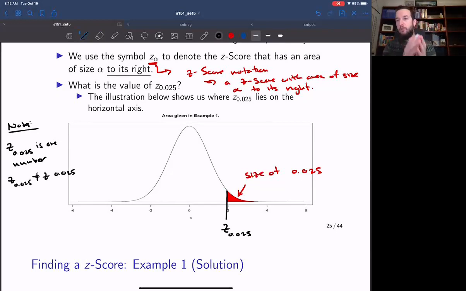This is notation that represents a z-score with an area to its right of size 0.025. So whenever we see this type of notation, we are being told how much area is underneath the curve to the right of the value that we want to find.